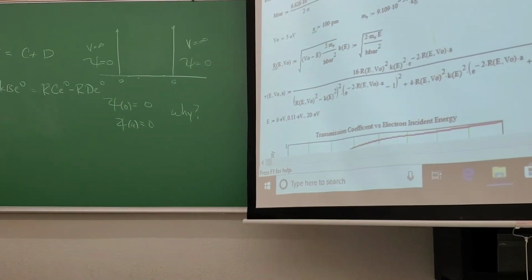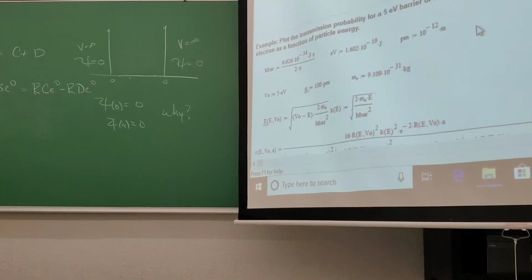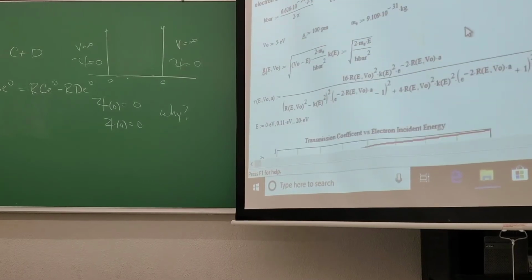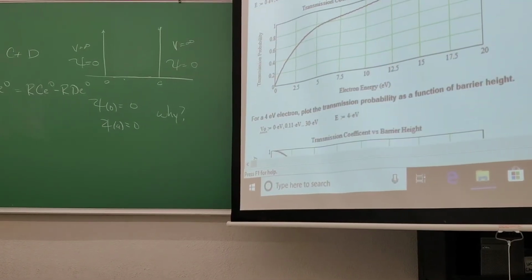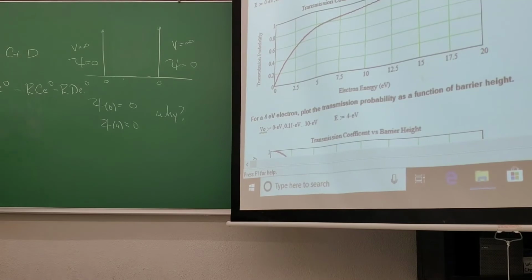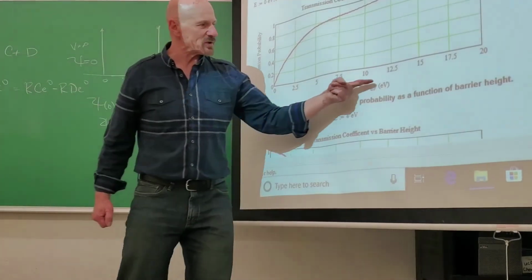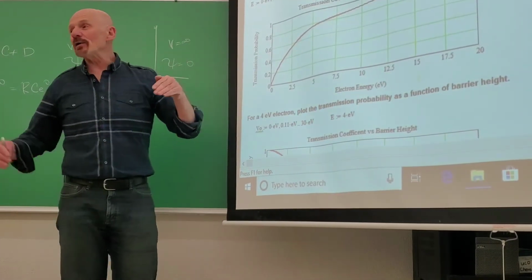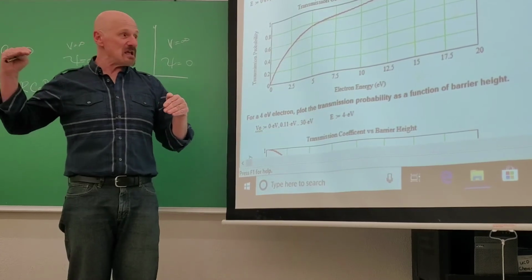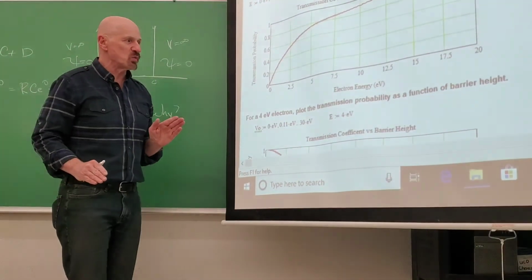So I take my function that I had above, this ugly one, make a function out of it, and then plot it. Here is the energy of the electron. The barrier height is 5 eV and 100 picometers wide.